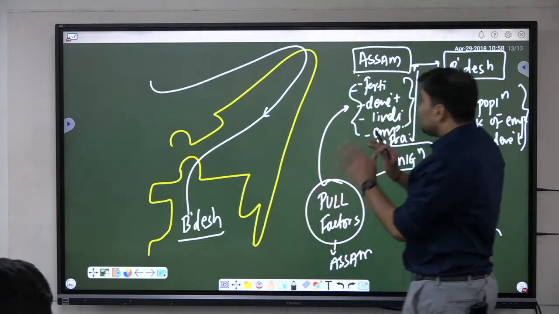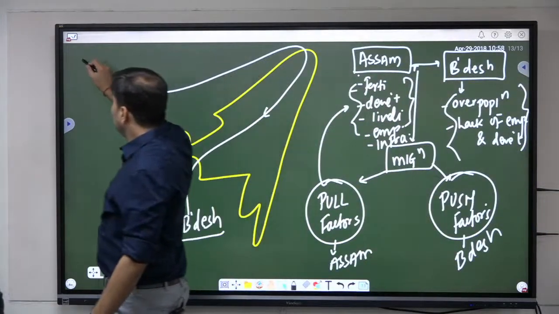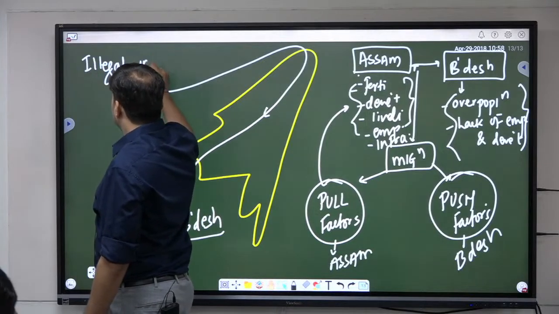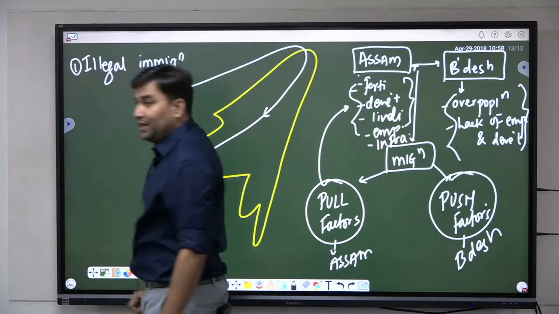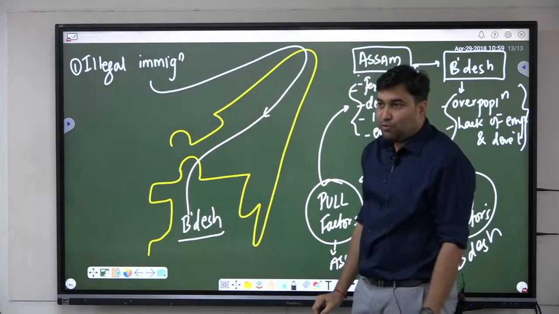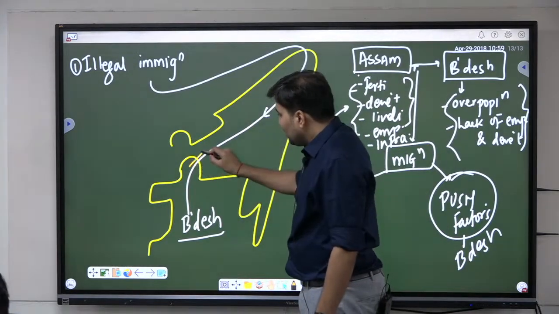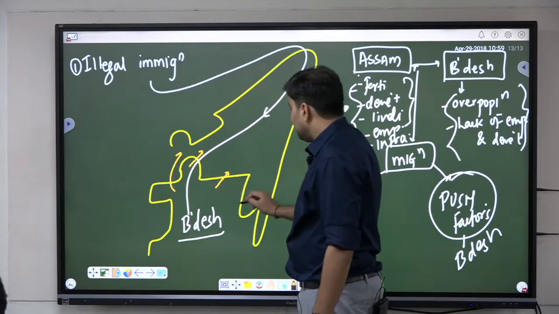Because of this, the next point, it leads to illegal immigration of the people, from Bangladesh to India.